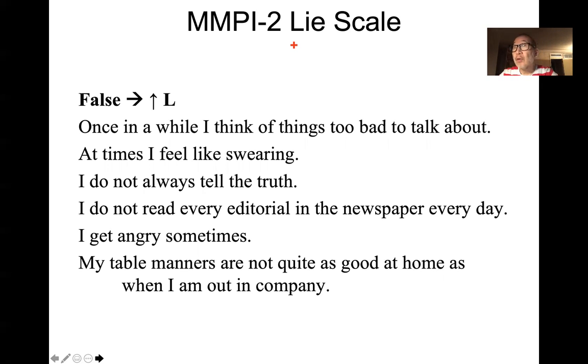Even the scale called the lie scale can be a little confusing. If they're significantly high on this in one direction, it doesn't allow the clinician to professionally or ethically say this person's a liar. What you can scientifically accurately say is that the test is not valid, whatever's being presented. This could go to lying, but you need more evidence to support that.